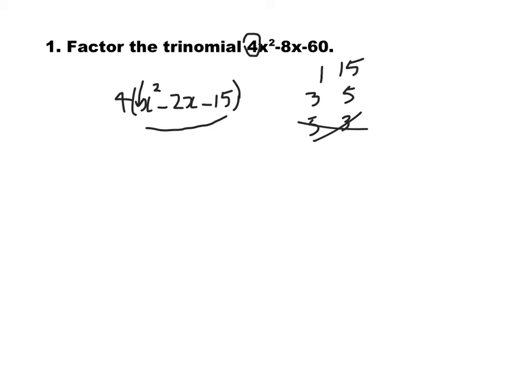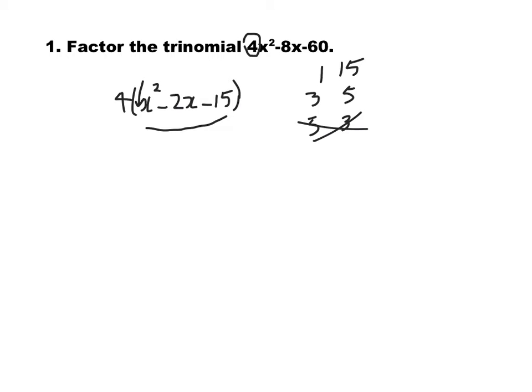Now, because the product is negative, one of these numbers, the first or the second, has to be negative. Let's say the first number is negative. Negative 1 and 15. Is the sum equal to negative 2? No. Let's say negative 3 and 5. Is negative 3 plus 5 negative 2?